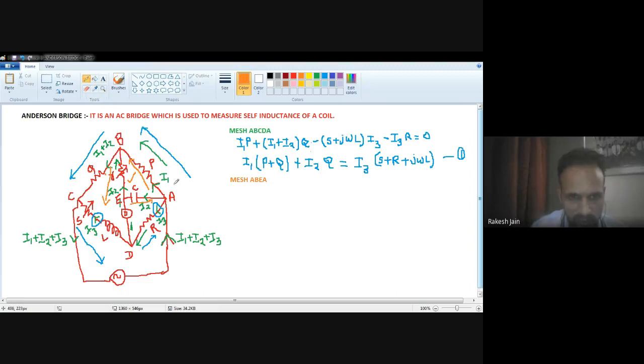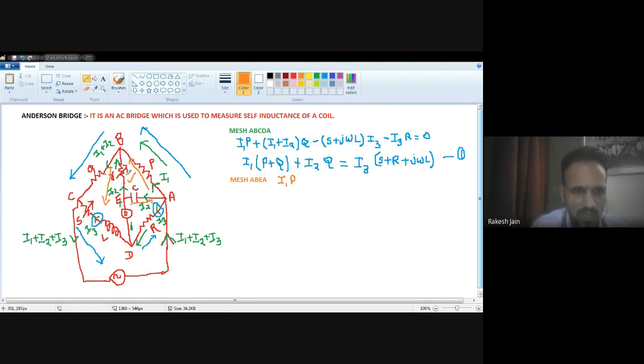That's why, first of all, when I go from A to B, my current is I1 and resistance is P. That's why I1P. Then I have to go from B to E. So my direction is from top to bottom, but the current direction is opposite.